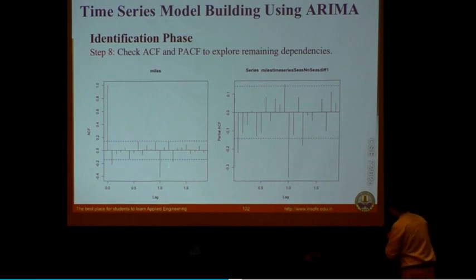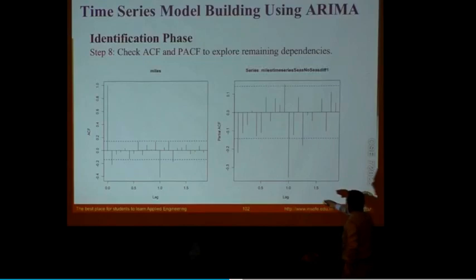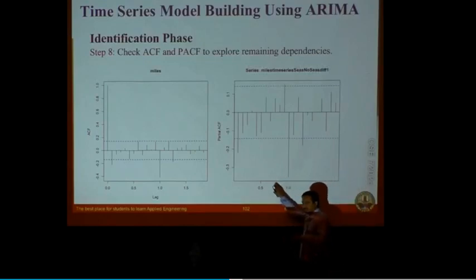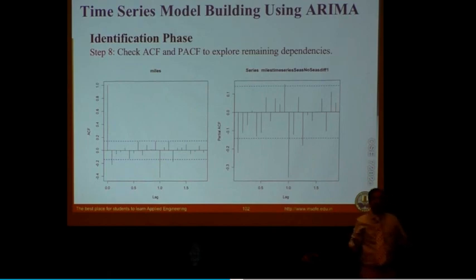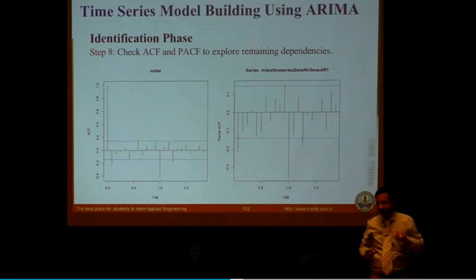And I see that at a seasonal period also there is a significant lag. And here the rule of thumb is, if the seasonal period autocorrelation is negative, you add a seasonal moving average.